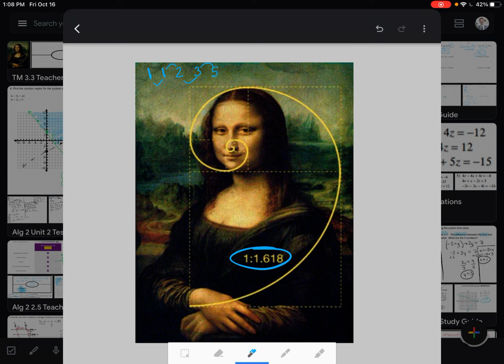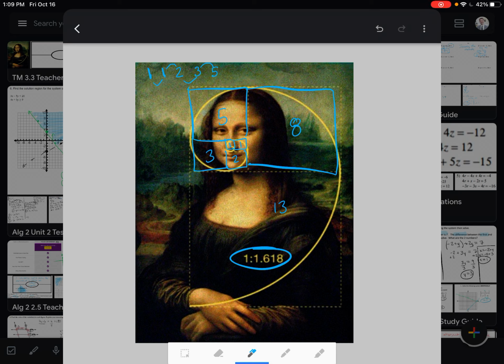It's actually created using the Fibonacci sequence. Right here, this first one is 1, 1. This area is double that, it's 2. This one goes up to 3. This one would be 5. It would keep going on to 8 for the next sequence, and then the big box on the bottom would be 13.